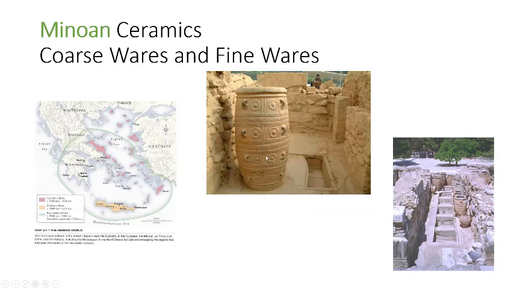Pithos, or pithoi in the plural, are examples of coarse wares. Cookware tends to be coarse as well. Fine wares are the more delicate, special things that are often decorated more and so forth. So Minoans, like all the other cultures that we're going to look at, had wares for everyday use and wares for more special use.